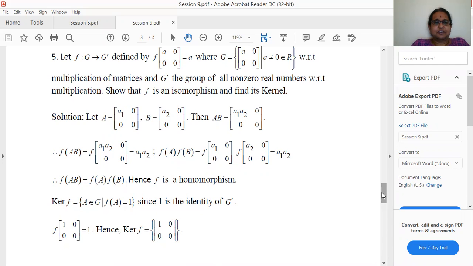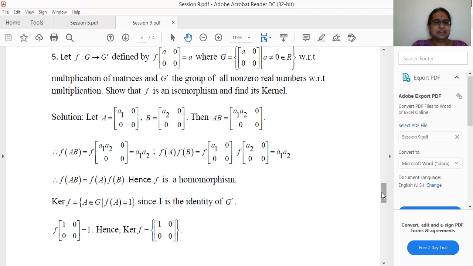After checking that f is a homomorphism, we can find the kernel. So we apply the definition of kernel and say kernel f is the set of all A belonging to G such that f of A is equal to 1. Here 1 is the identity element of G dash, because G dash consists of all non-zero real numbers and the binary operation is multiplication. So we shall find when f of A is equal to 1.